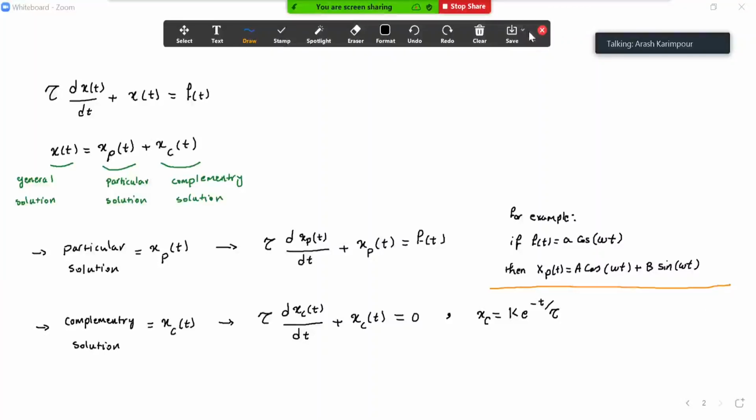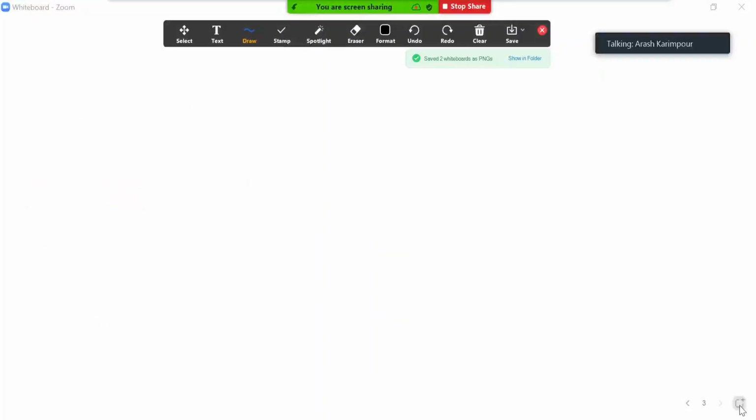So I'm just going to say the steps that we are going to take to solve the RL or RC. Steps to analyze RL or RC, here's what we have, RC and RL with AC source.